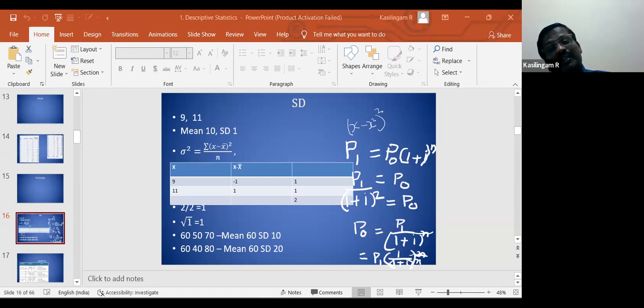There is a minor difference, but generally we can say the category variable is qualitative data, and the metric variable is quantitative data, right?